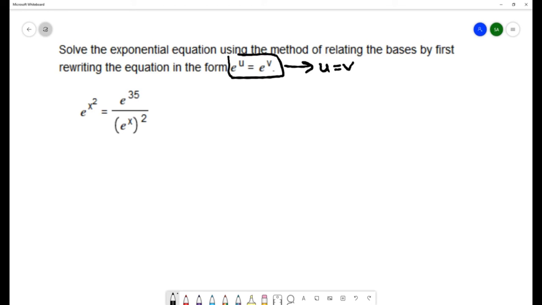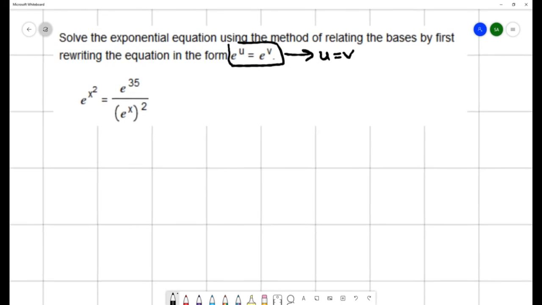Once the bases are the same, the exponents must be equal to each other. In our example, we have e to the x squared equals e to the 35th over e to the 2x. All of these expressions have a base of e, so we're going to be able to write both sides of the equation with a base e.